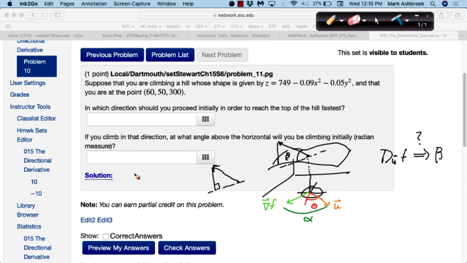So I have some rate of change. The rate of change is the directional derivative of f. I'm interested in that angle right there. How does the rate of change relate to the angle beta? What's that? Sine of it? Sine is opposite over hypotenuse. Is that what we want? What was that? Why, Harrison?